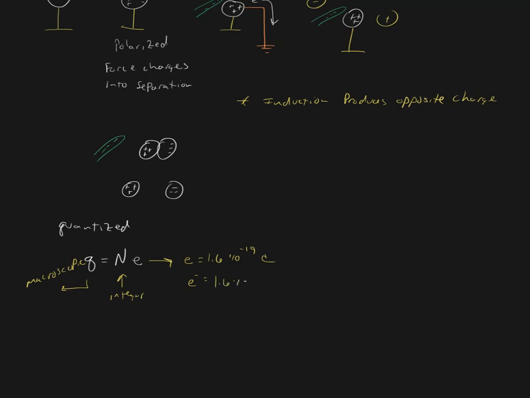That's minus 1.6 times 10 to the minus 19 coulombs. So be careful that you make that distinction. Anytime you see that letter e, we're not talking about an electron. However, one electron does carry a charge in magnitude equal to our fundamental charge. So, just be careful of that.